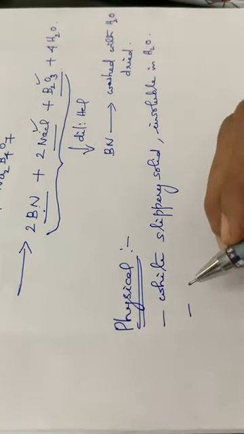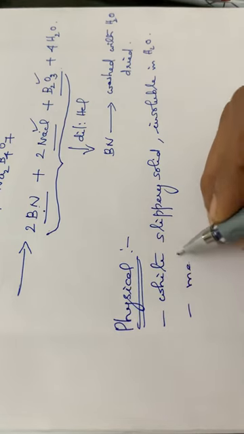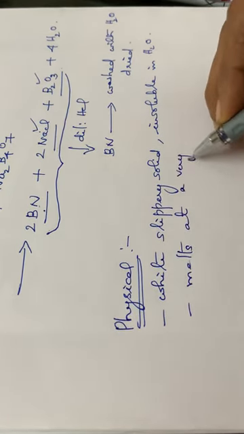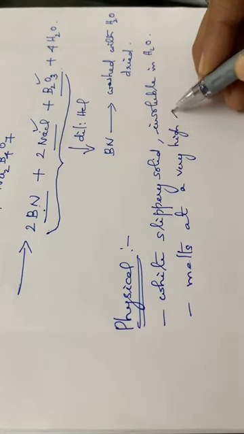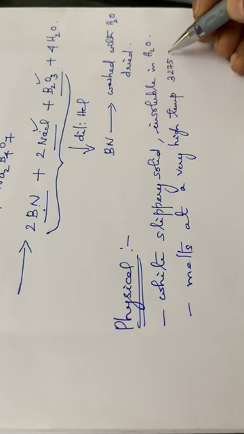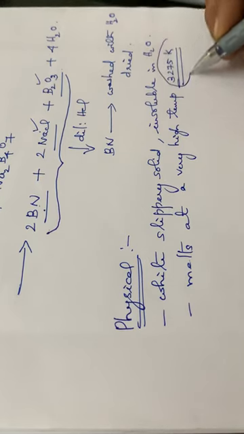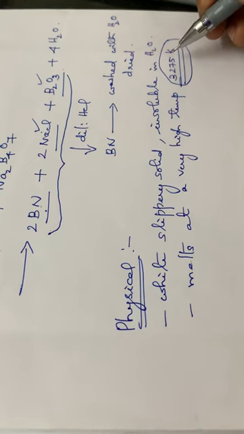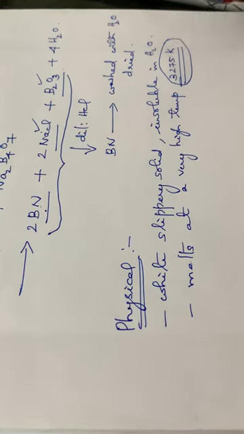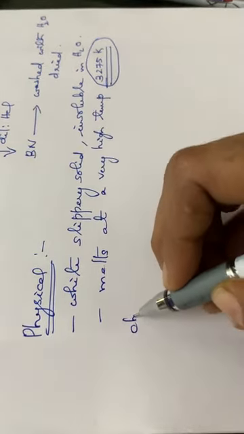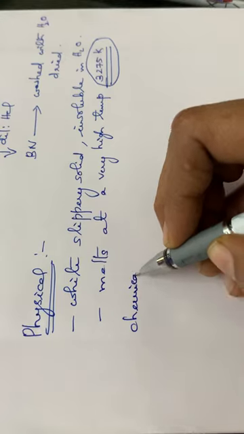Then another point is that it melts at a very high temperature, about 3275 Kelvin. See how high the temperature is. So boron nitride has a very high melting point, about 3275 Kelvin.